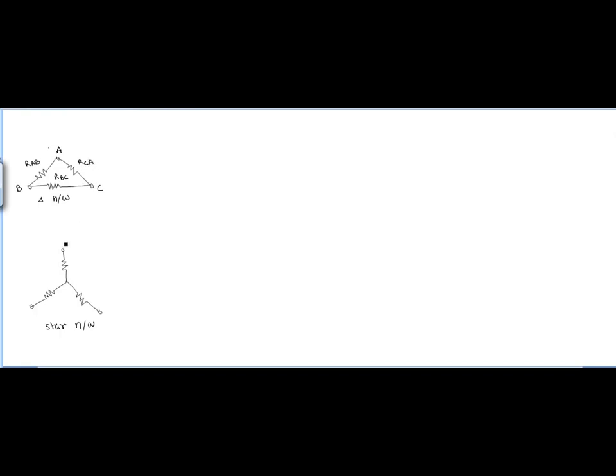Now, this is terminal A in star network, terminal B and terminal C. This resistance is named as resistance R1. Similarly, this is resistance R2. This is resistance R3. Now, we can read this delta network like this.